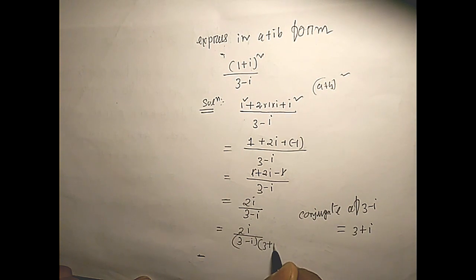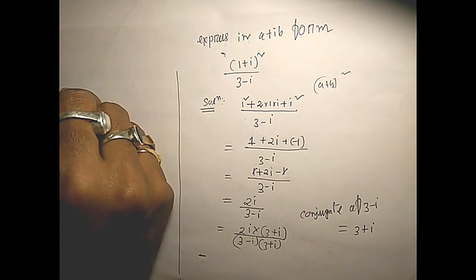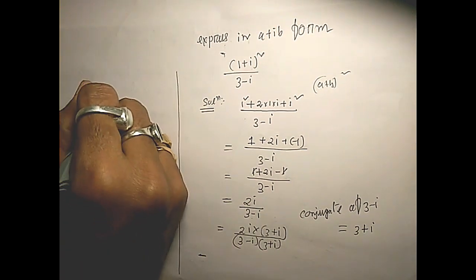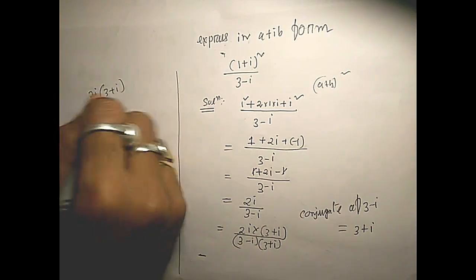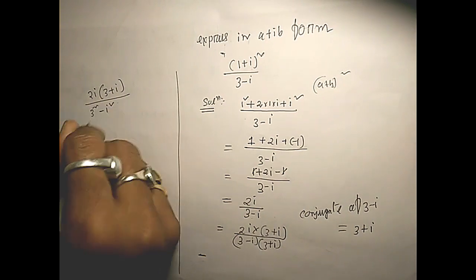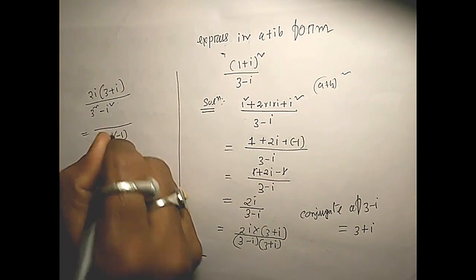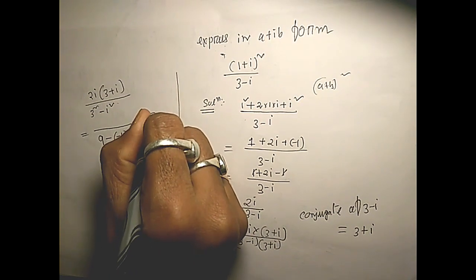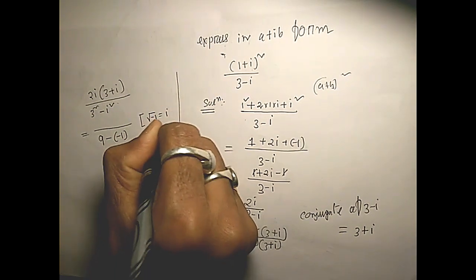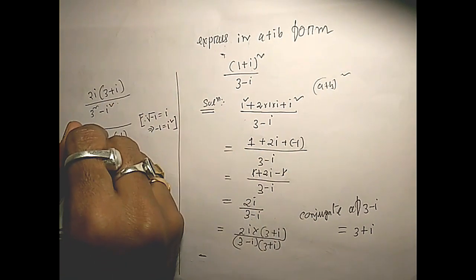So 3 minus i into 3 plus i, and twice i into 3 plus i. The denominator is of the form a minus b, a plus b, a square minus b square. So 3 square means 9, and minus i square means minus bracket minus 1, because root over minus 1 equals i. Hence i square is minus 1.